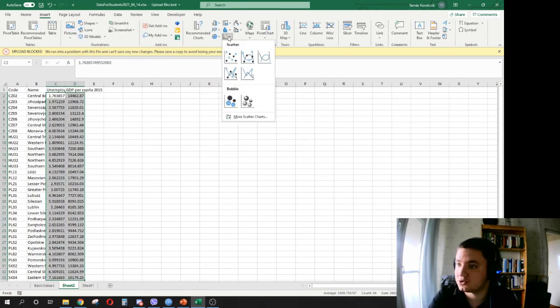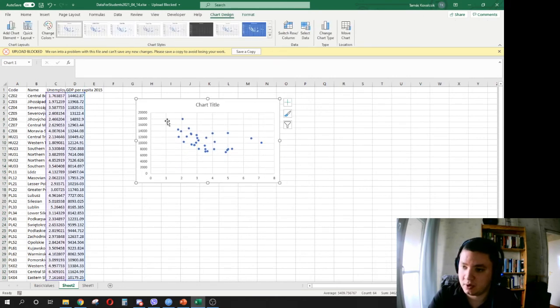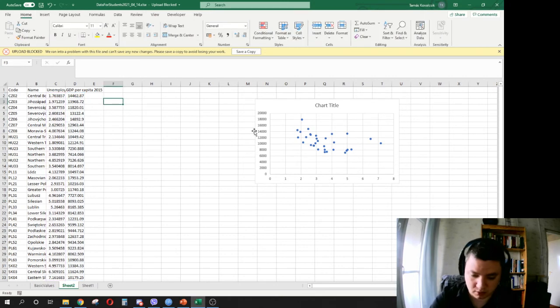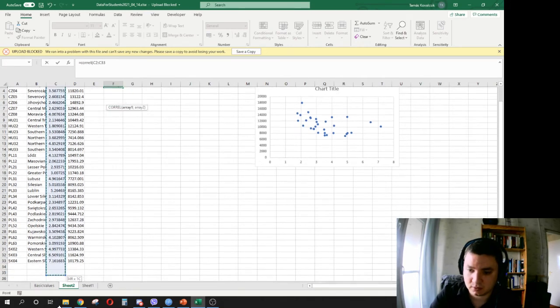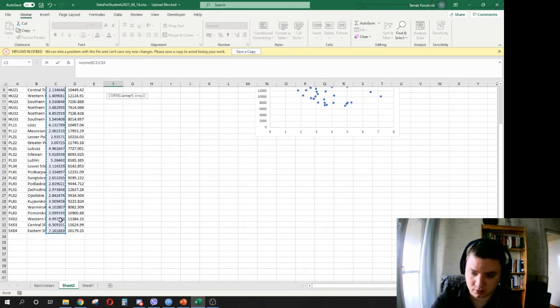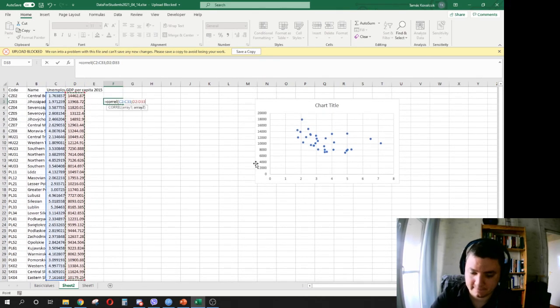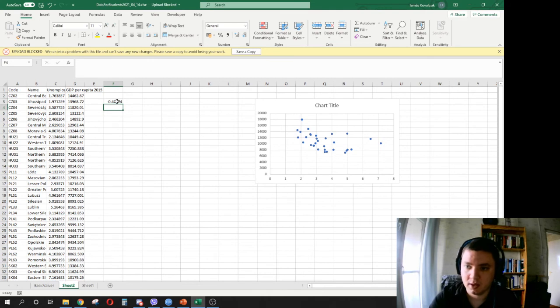And we can draw such charts. We have a negative relationship between the unemployment rate and the GDP per capita. So we can make such a correlation. Yeah. Okay, dot comma. And here it is.